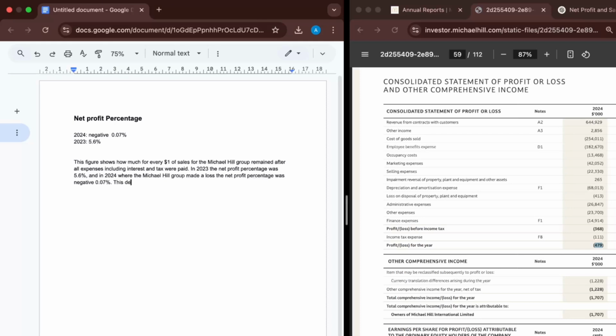This decreasing trend is very poor for the Michael Hill group, as it shows an increase in expenses and less money that could be paid out to shareholders. Okay, so that's all they're kind of looking for.